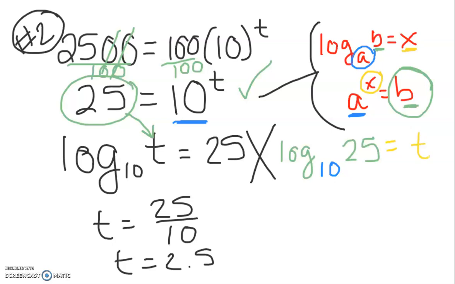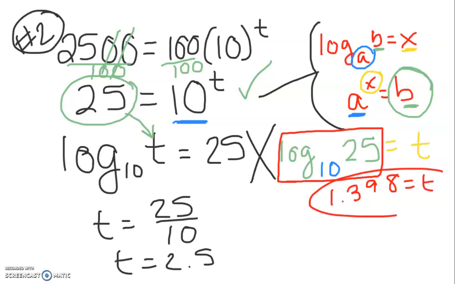So right there. Now from here, they would just have to keep solving it by using a calculator. They seriously just need to type log of 25 on their calculator, and if I do that, they should get 1.398 for their value of t. So once they went wrong on this third step, that would give them a whole different answer.